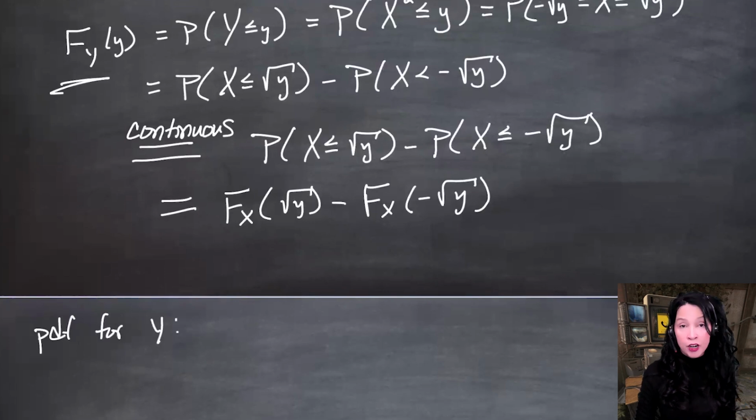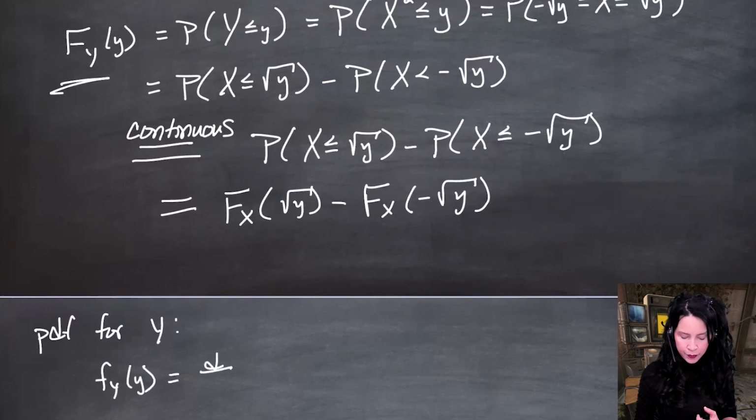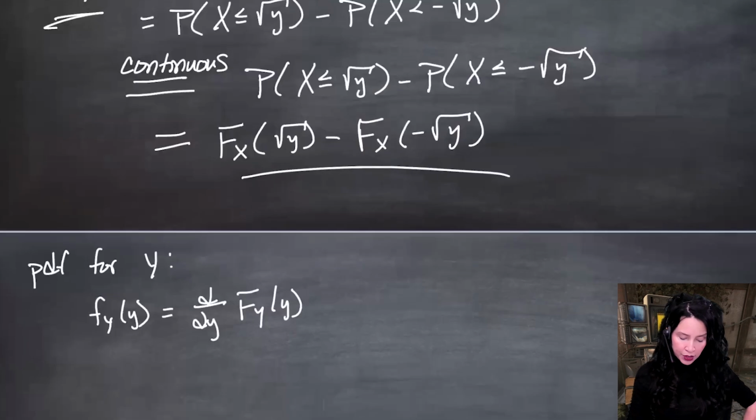So if I want an expression for the PDF for our new random variable y, which we got by squaring x, I would take the derivative with respect to y of the CDF of y, which means I'm going to take the derivative of this with respect to y. And when you take the derivative of the CDF, you get the PDF.